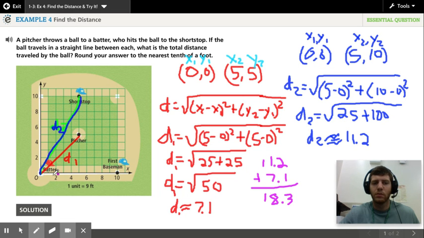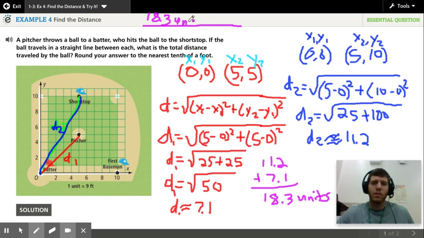So each unit is going to be 9 feet. So we're going to then have to multiply this by 9, right? So this is units. And we have to convert. So 18.3 units, for every 1 unit is 9 feet.